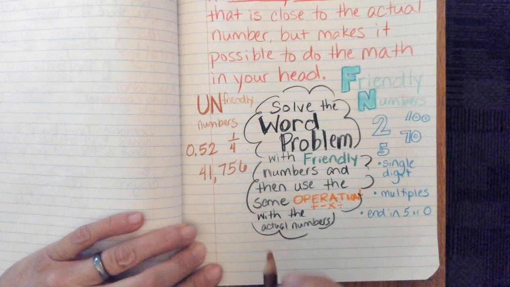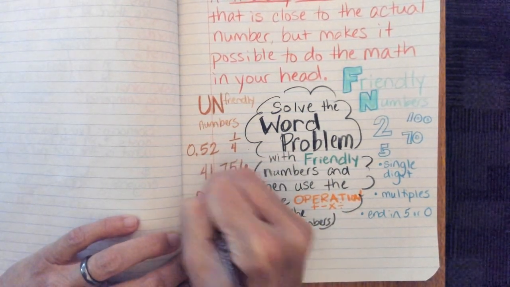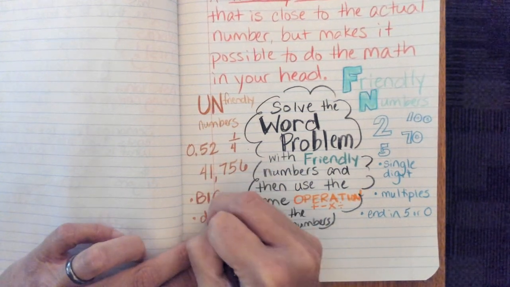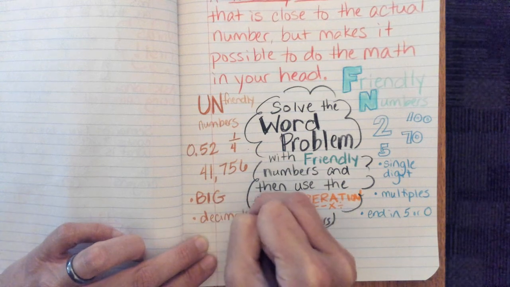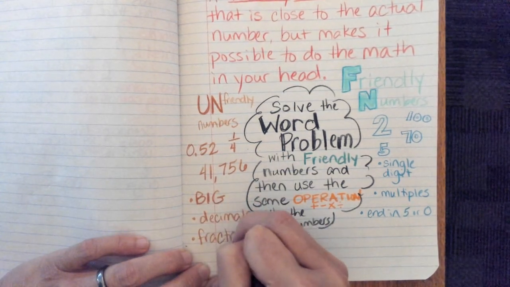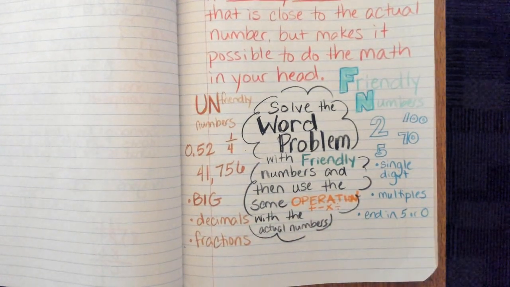So unfriendly numbers are numbers that are too big to do in your head, or they're numbers like decimals and fractions that are just hard to work with in your head.